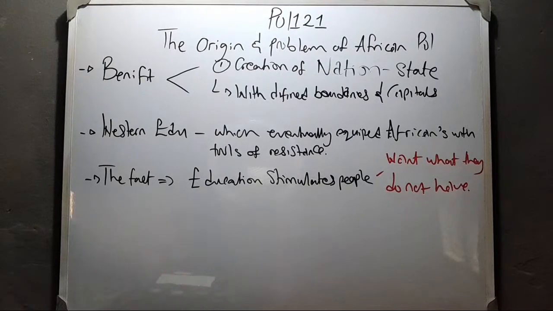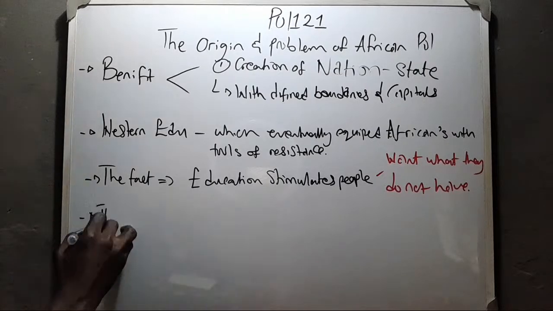Under the mandate, the former German colonies were assigned to victorious European nations, stipulated that they should govern as a sacred trust of civilization until they could stand on their feet.